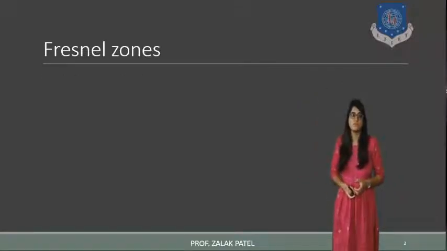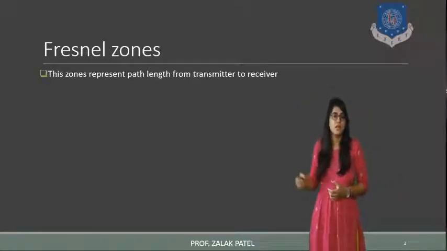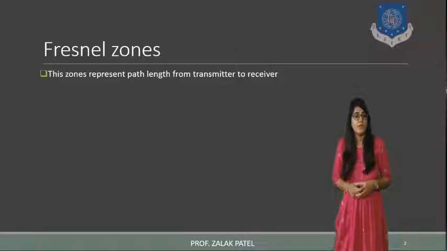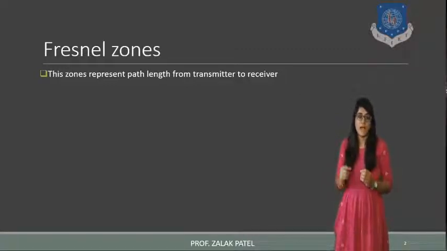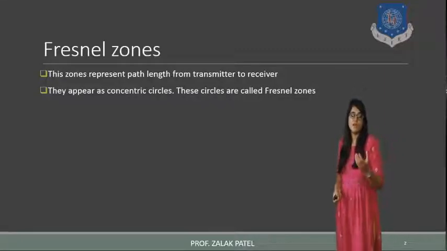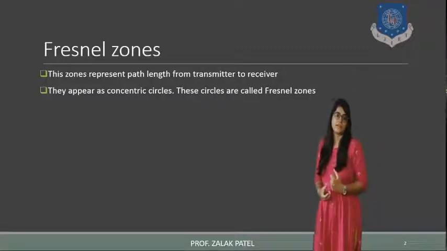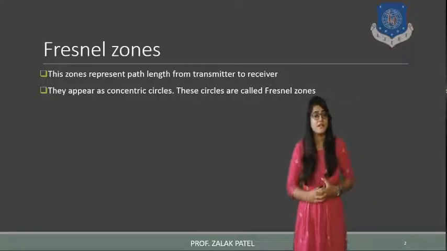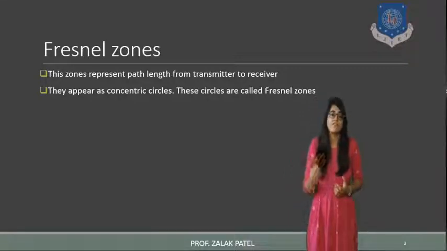But for the Fresnel zones, we can use this zone to represent the path loss, the path length from transmitter to receiver side. Here, concentric circles are created, and these circles are called Fresnel zones.